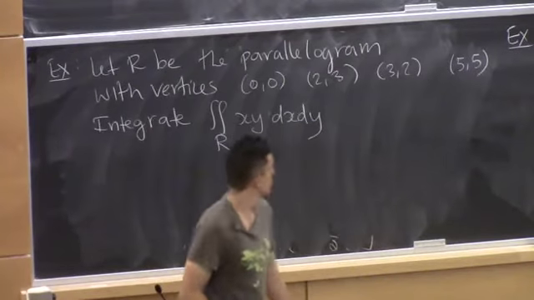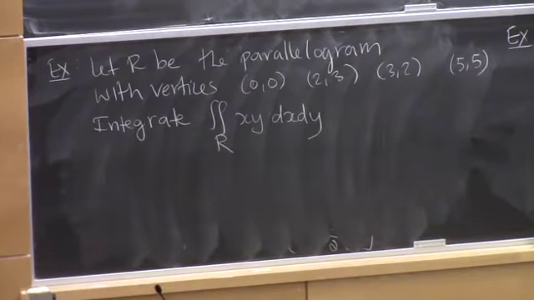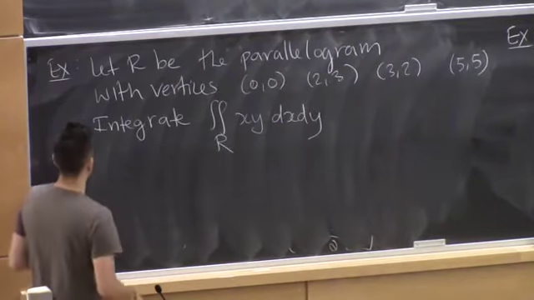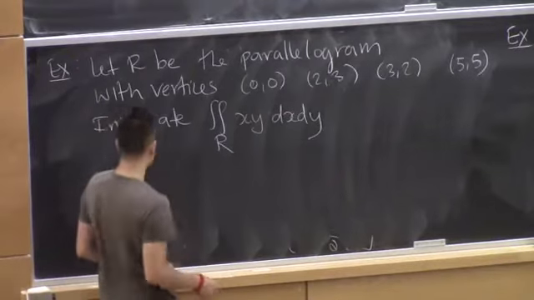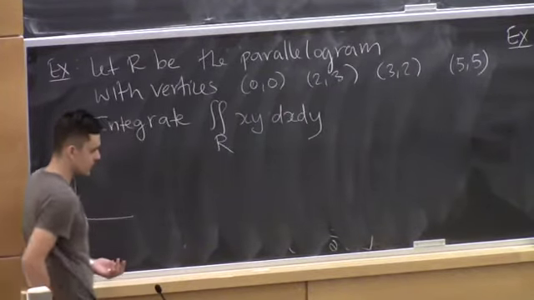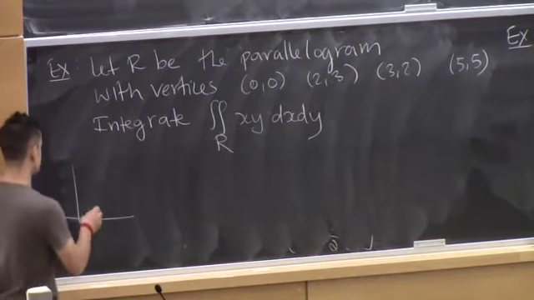Okay. So here's an example of where we would use substitution and what it would get us. So when we draw this region R, we're going to get a parallelogram that looks something like this.